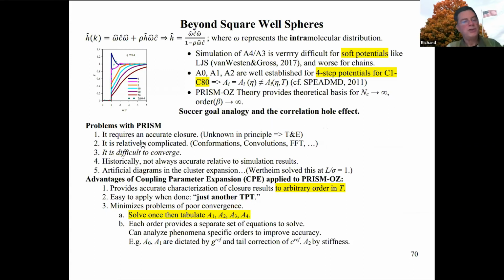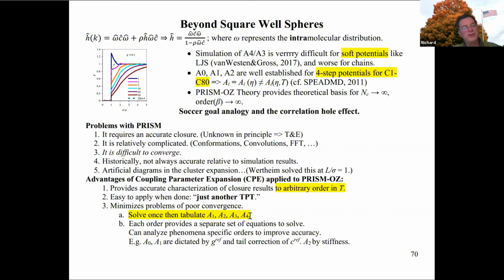Well, okay. So these are the problems, but we can resolve some of those problems with the coupling parameter expansion, because we solve each one of these contributions, A1, A2, A3, A4, once. And so it doesn't have to converge a bunch of times. You just have to converge it once. And then you will have your perturbation contributions.